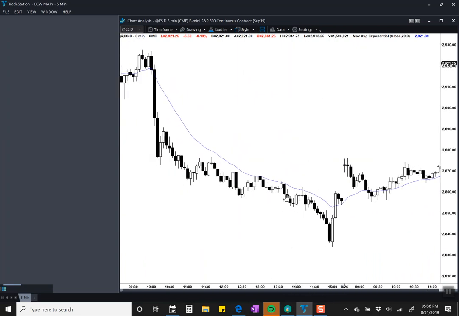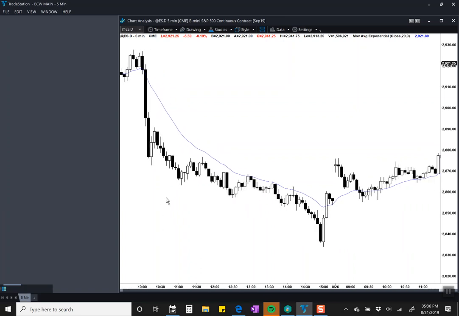So here's Monday. Very strong breakout, and by the way, this is kind of the risk for the euro. This is what the bulls are afraid of: strong breakout and just sideways to down.